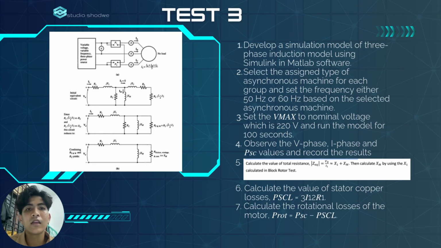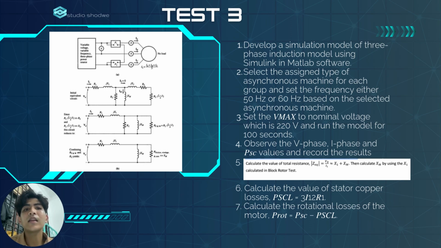For test 3, the procedure is: first, develop a simulation model of a three-phase induction machine using Simulink in MATLAB software. Second, select the exact type of induction machine, which is 50 Hz or 60 Hz based on the selection.